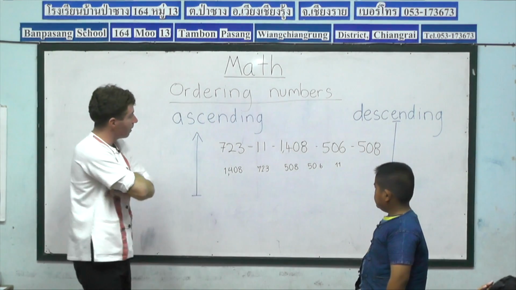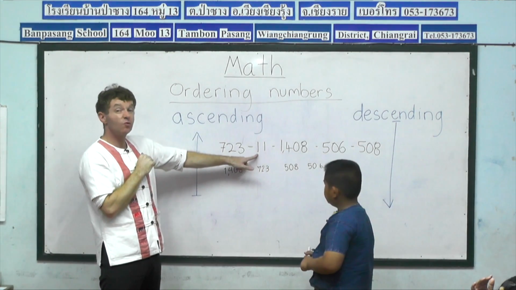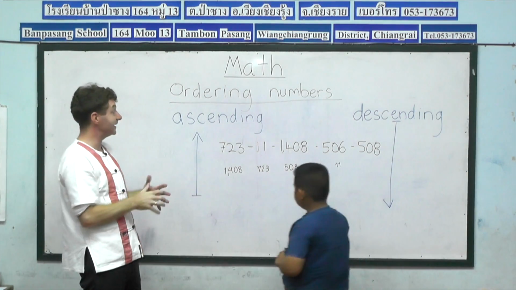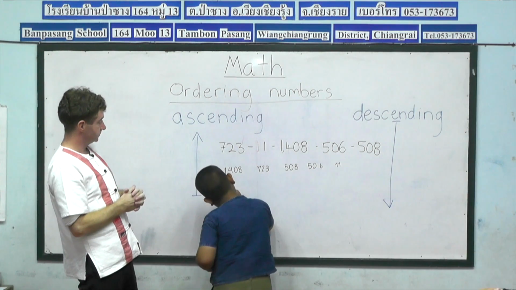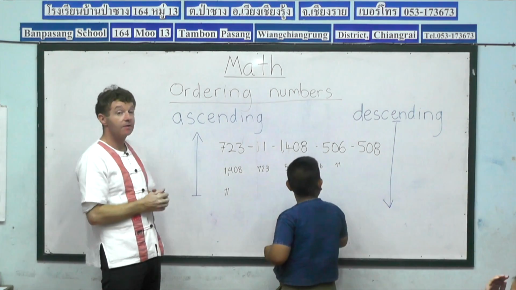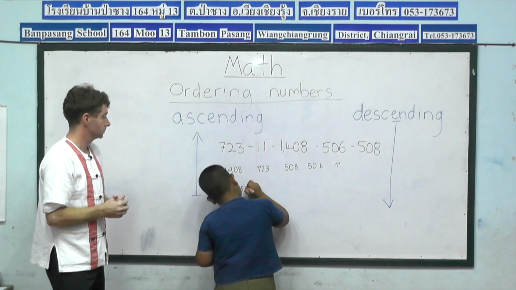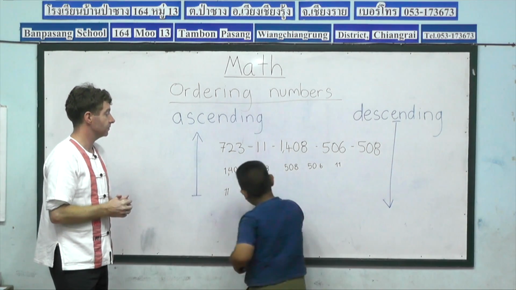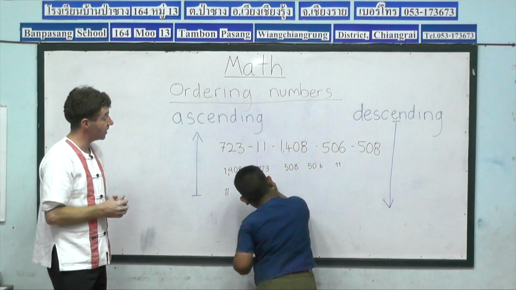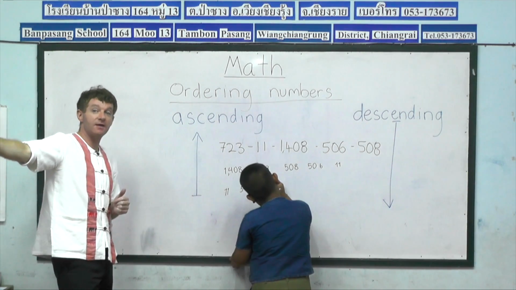So what's the smallest number we can see, guys? 11. 2 digits, so we can write 11. Excellent, Net. Now, 506. 508. You see, each time we're going to the next biggest number.